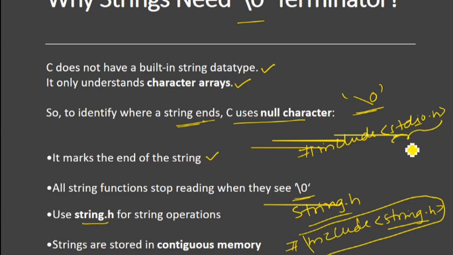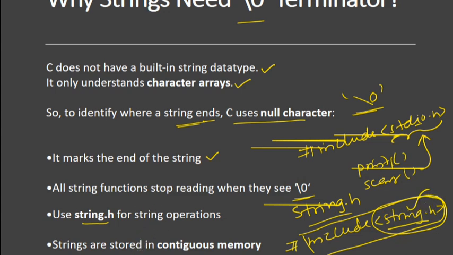Why are you including this header file? Because printf and scanf functions are predefined in the standard input output header file. Similarly, all the string functions are predefined in string.h.